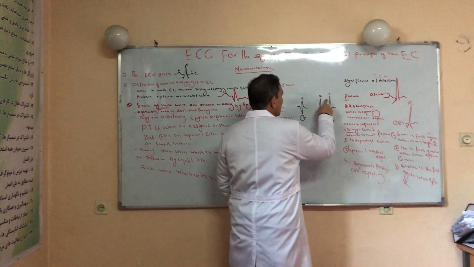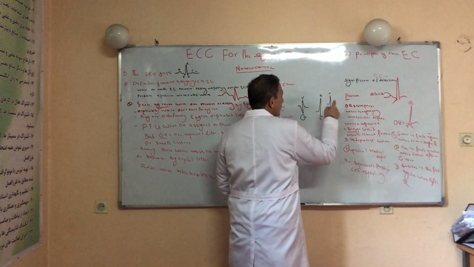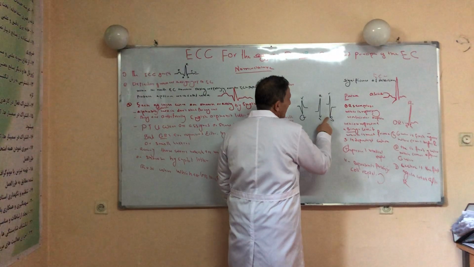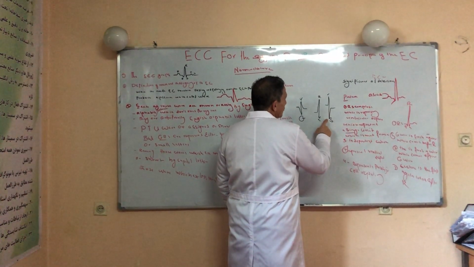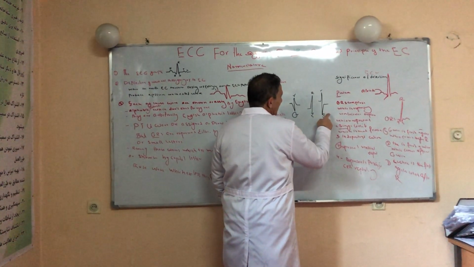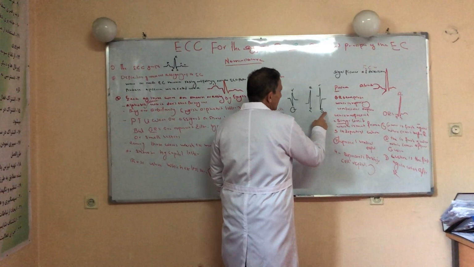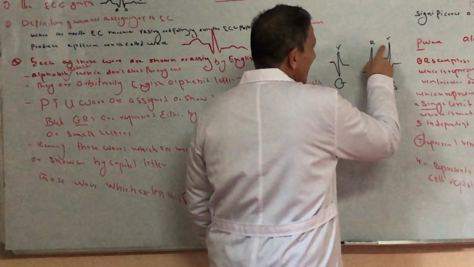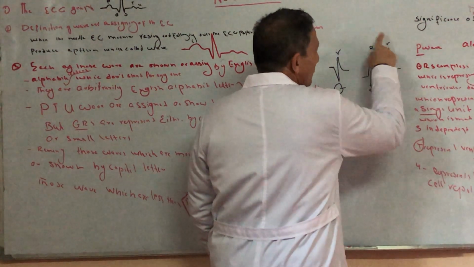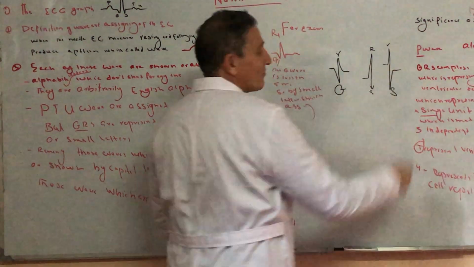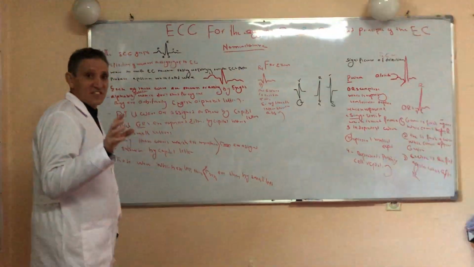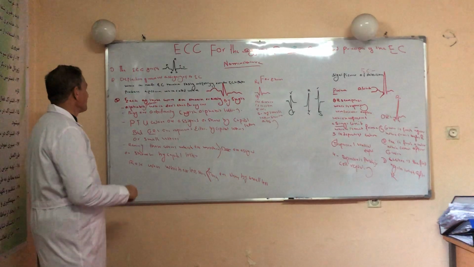The last one, in this complex, the R is smaller and the S is larger. So the larger wave should be assigned by capital letter, and the smaller wave, which is the R wave, by small letter. Did you catch this one? Yes, sir.